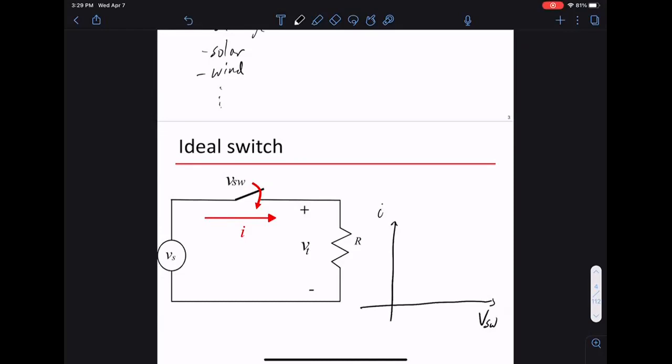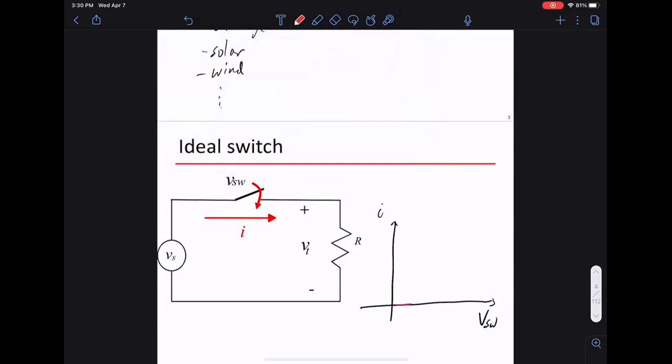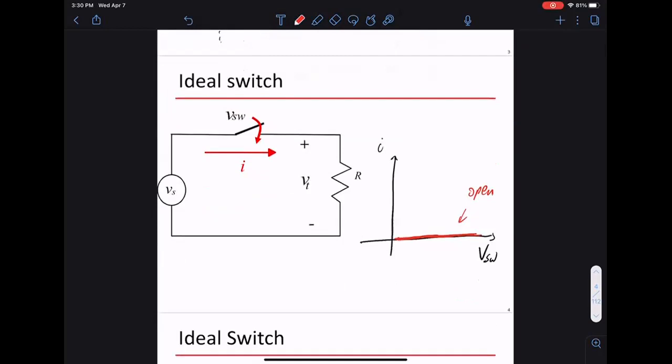What this ideal switch allows us to do is this. Let me draw the open case first. So this is open. When you have an open switch, there's zero current flow.